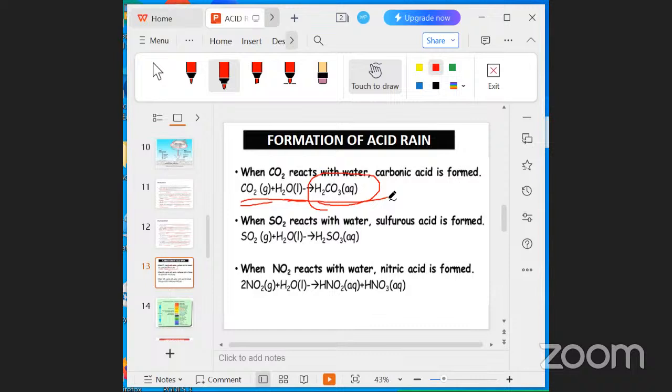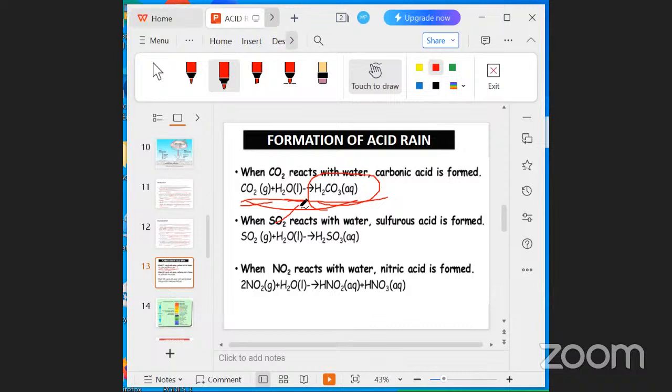This is the formation of carbonic acid. And next one is oxides of sulfur. Oxides of sulfur are present in the atmosphere.